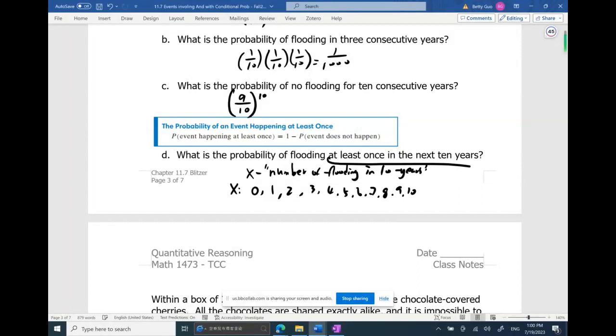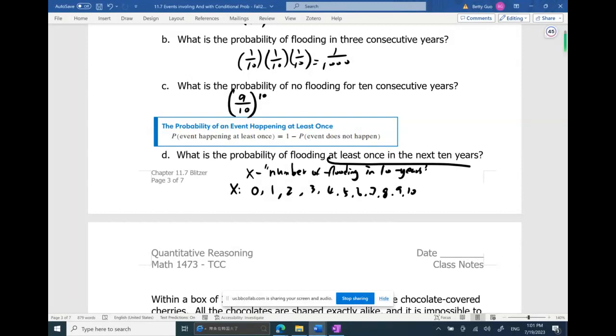Exactly 10 times. Yeah, sounds horrible, all the 10 years flooding every single year. And that's all the possible values for x, if we let x be the number of years flooding in the next 10 years.